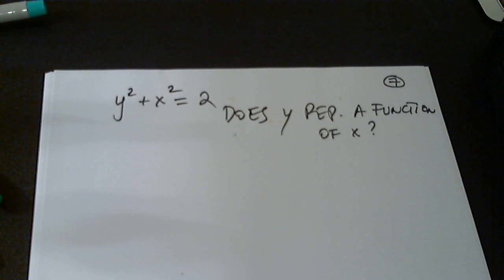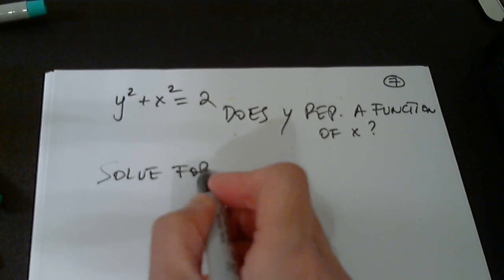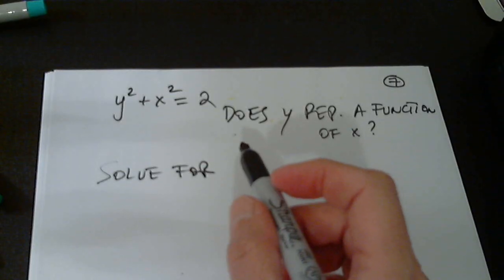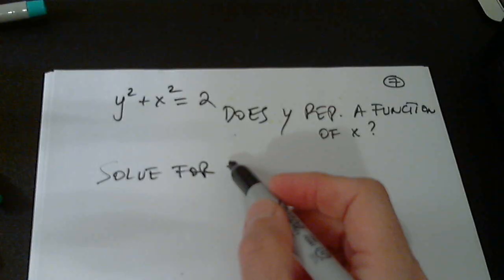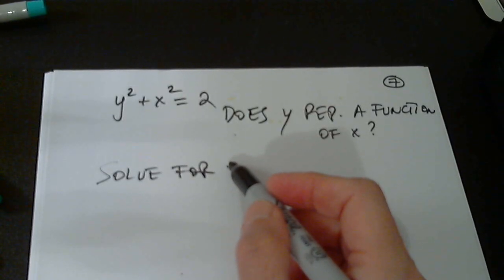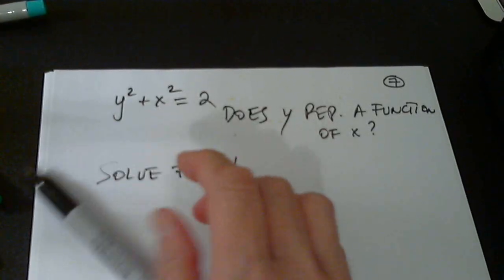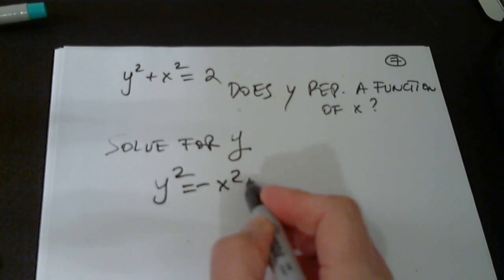I need to solve for y. So first I move x squared to the other side. Y squared equals negative x squared plus 2.